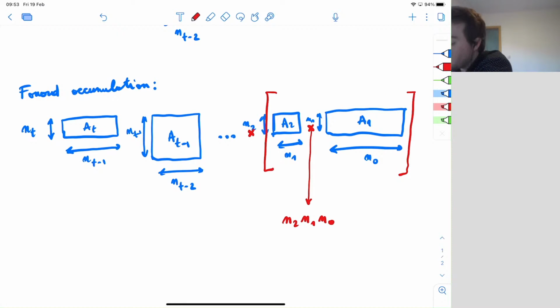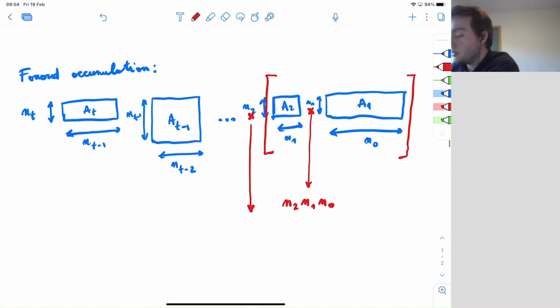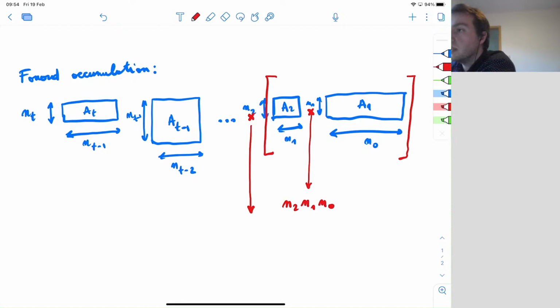Okay. Then for the second step, I would have to multiply this resulting matrix with the one here just on its left, right? So now the computation of this product would be, we would have here now a matrix of size n2 times n0.